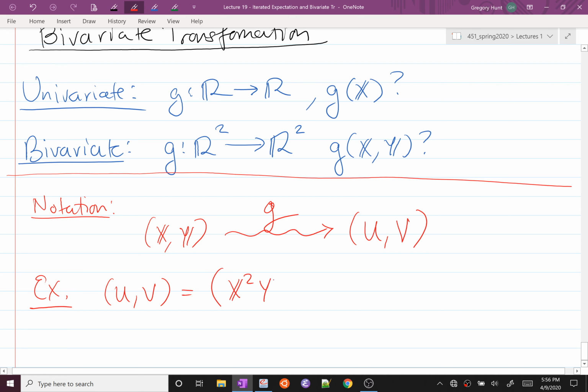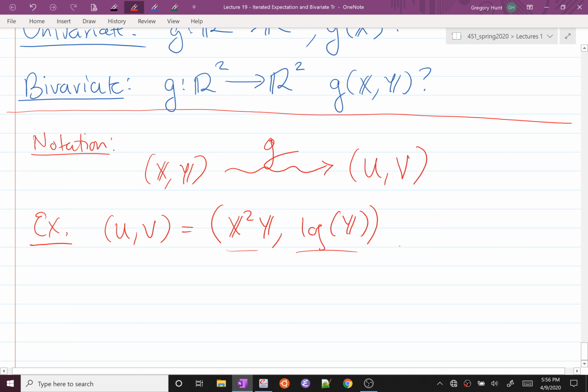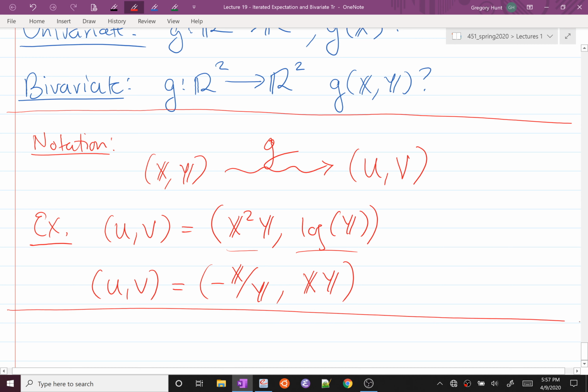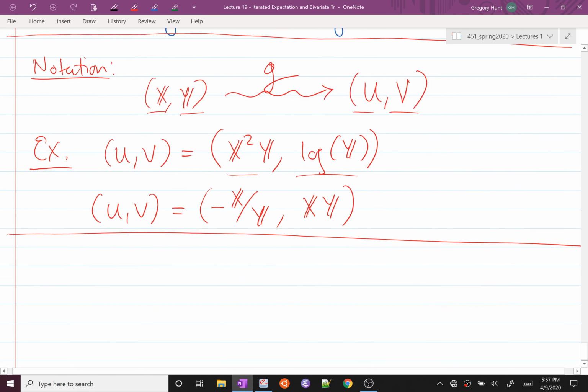Maybe it's x squared, y log of y. So it's two components, right? Or I could say u comma v is negative x over y, x times y. And you can think of as many possibilities as you have time. So we're going from originally two variables x, y to two new variables u comma v. There's going to be a lot to keep track of here.